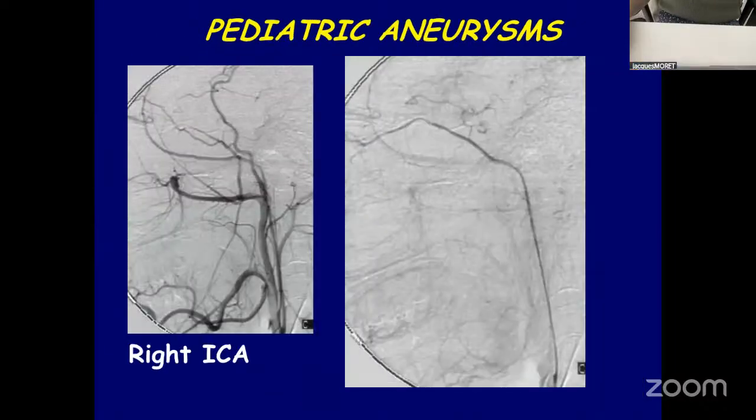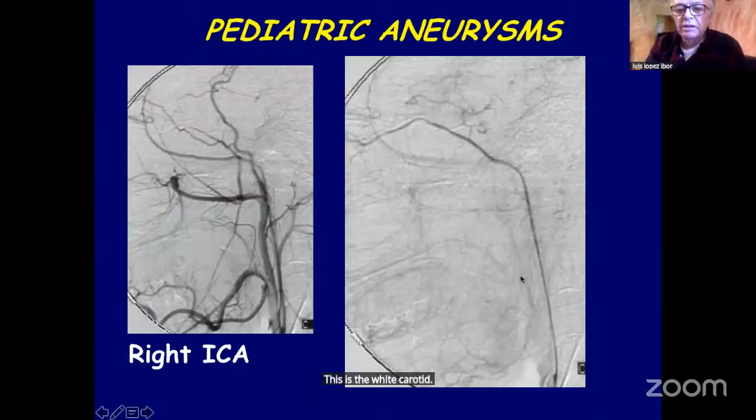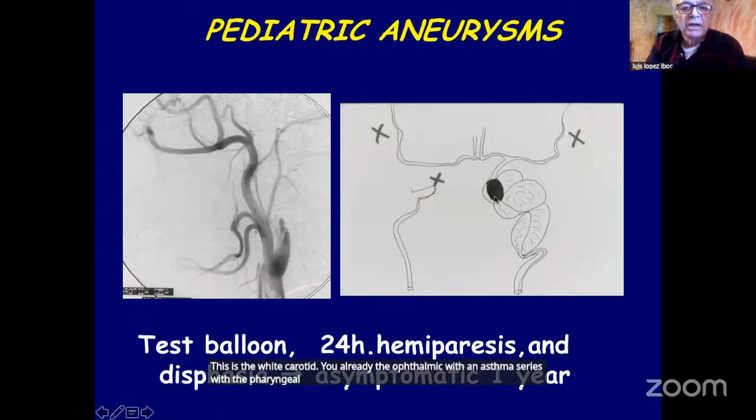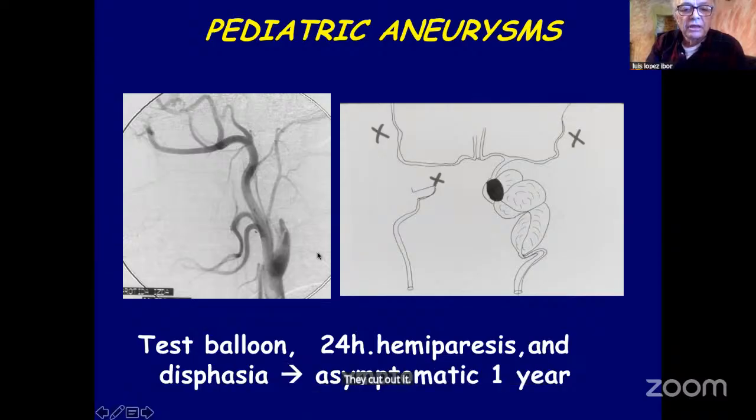This is the right carotid. You see only the ophthalmic with anastomosis with the pharyngeal. And this is after closing the carotid. At 24 hours, the patient is well.